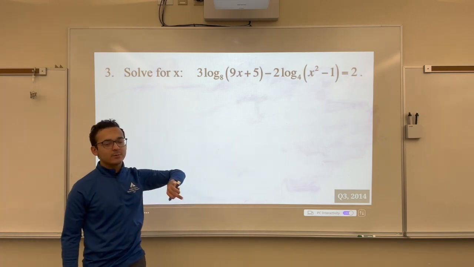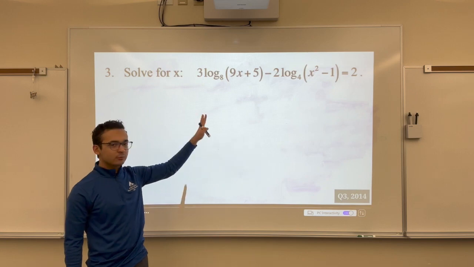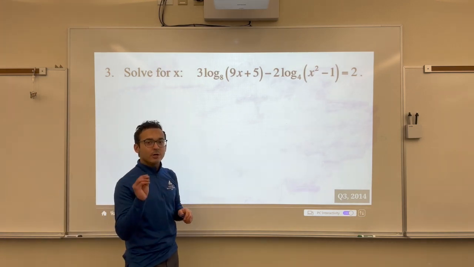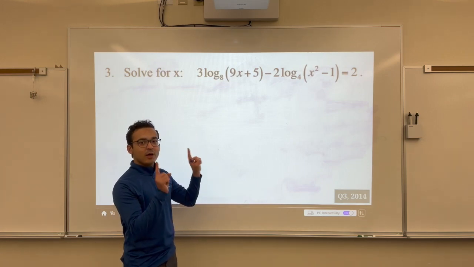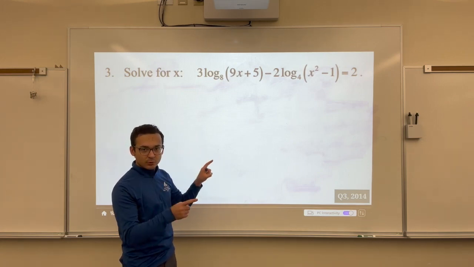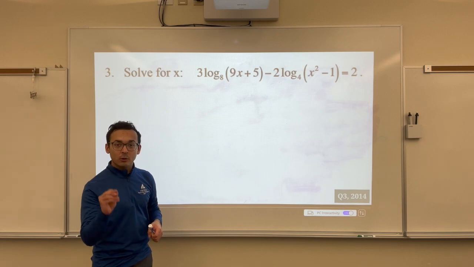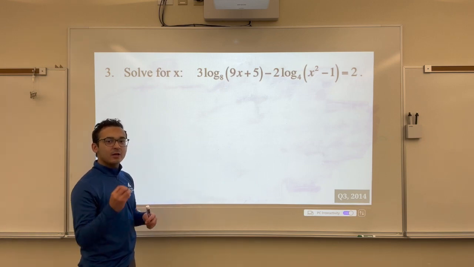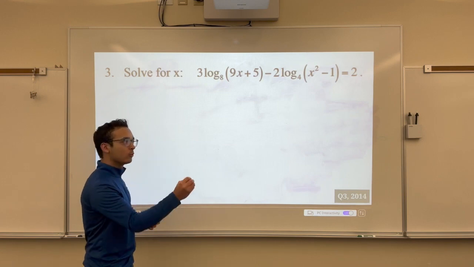So we're not going to be able to immediately apply the quotient rule like I would want to in this problem. However, we notice that these are conveniently both powers of 2. This brings me to a new logarithm rule that you should know, and it is what I like to call the power base rule.